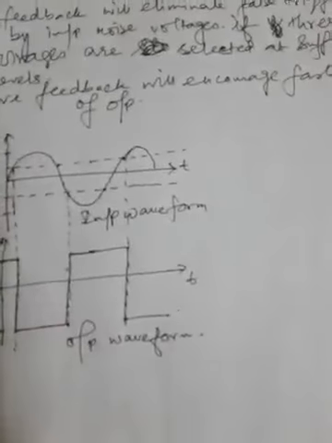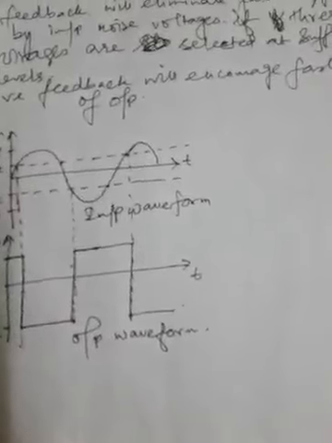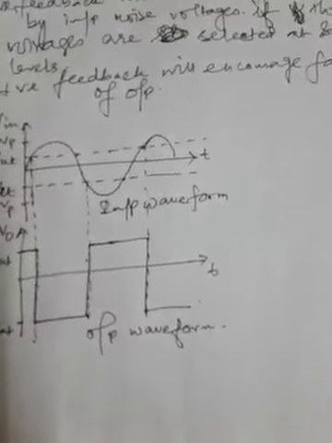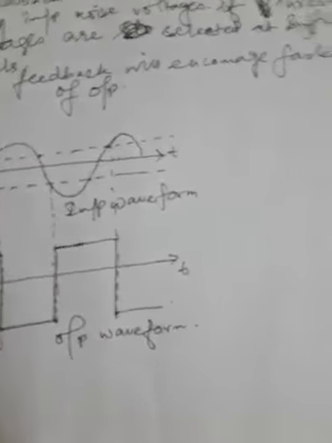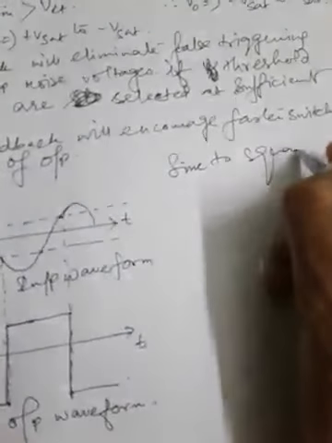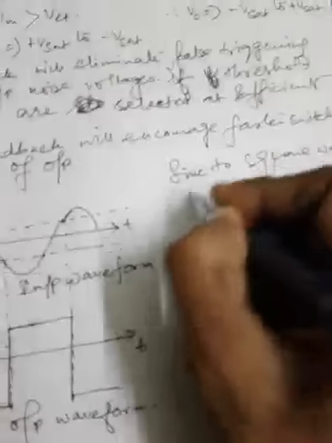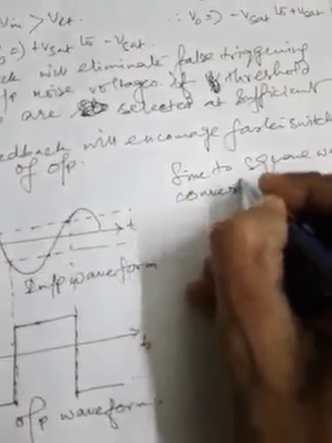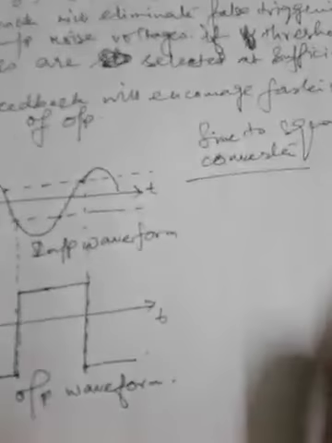Now we can see that the output of the Schmitt trigger is a square wave when the input is a sine wave. So we can see it is a sine to square wave converter. It is converting a sine wave into a square wave in this fashion.